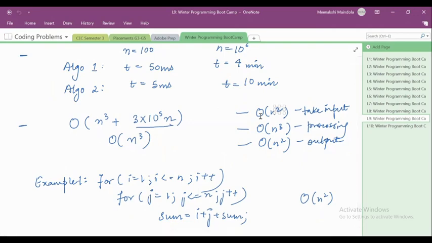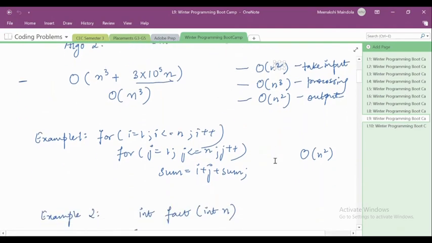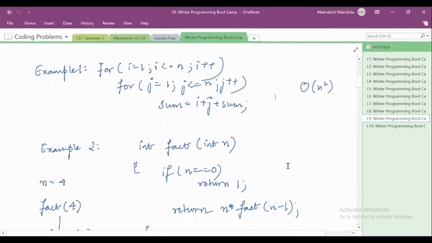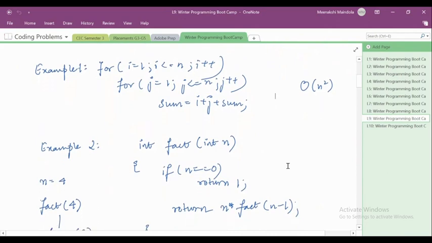Any algorithm which is going to process a very large input in less time and give you the desired output is more useful to us, as compared to any other algorithm which is going to take more time, right?